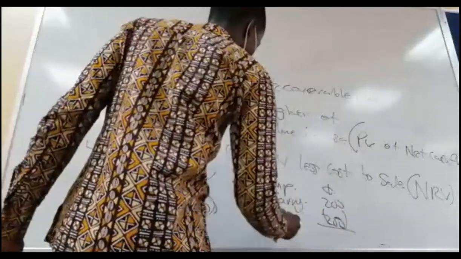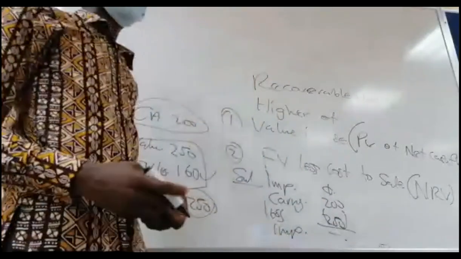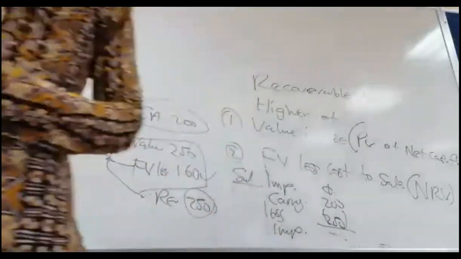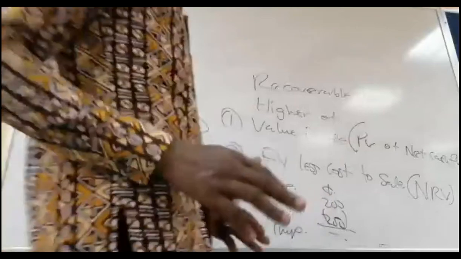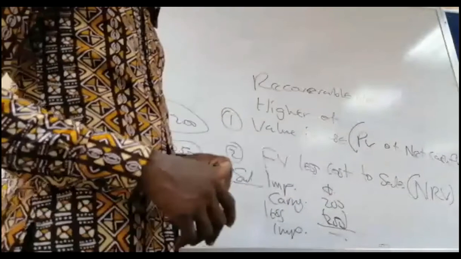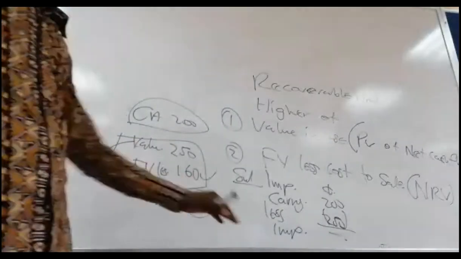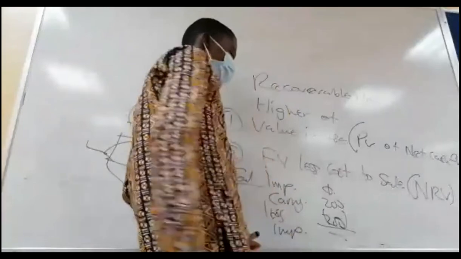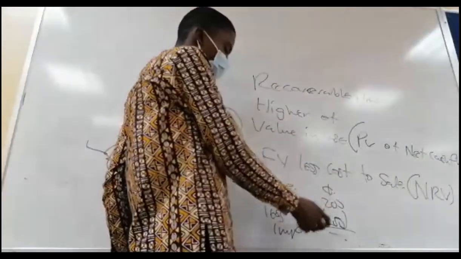So impairment is nil. We don't have a negative impairment or an impairment gain. Either the asset has been impaired or it has not suffered impairment. So this asset has not been impaired, because we don't have an impairment gain. For this asset, the recoverable amount is what?